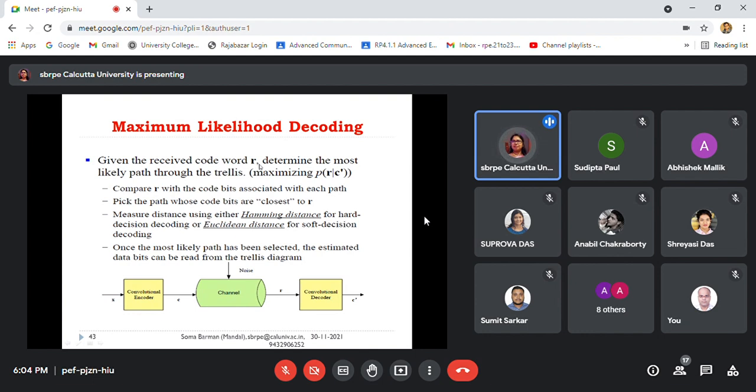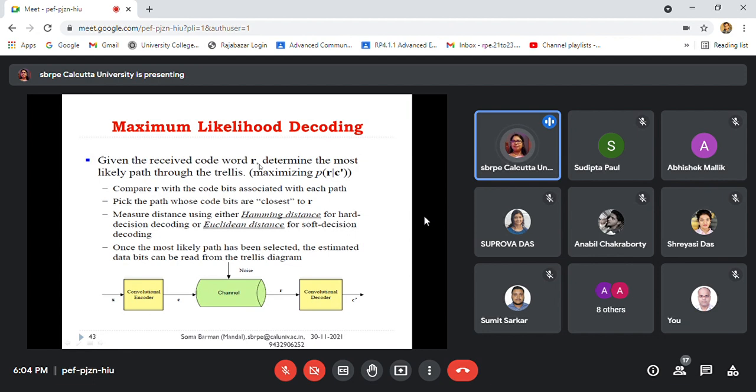So you know the Trellis diagram because at the receiver section, the receiver or destination must know the Trellis diagram, and if the Trellis diagram is given and you receive the received code word, from that you can decode your information.